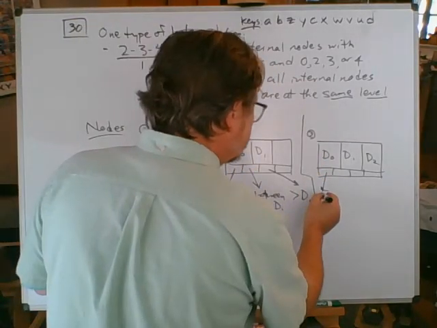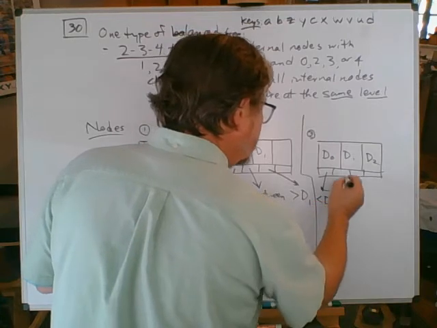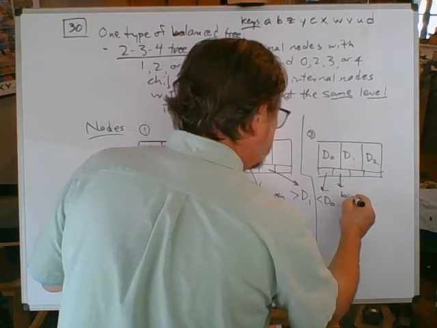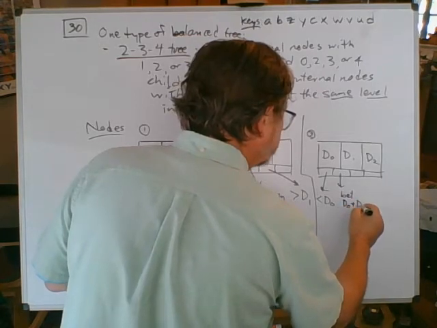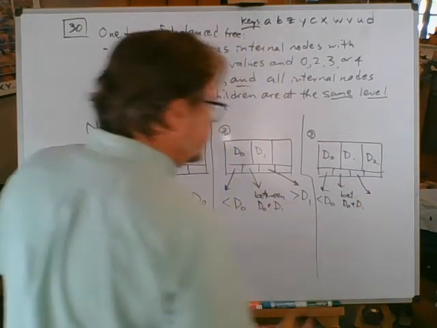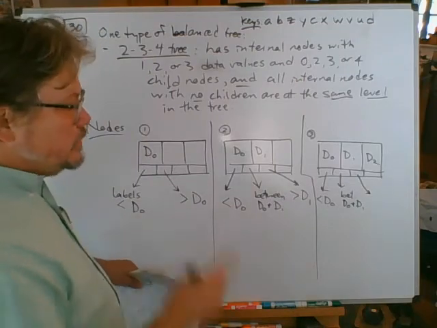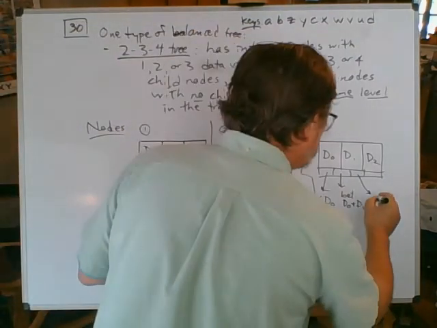On the far left, we've still got things that are less than D0. The second one is still things that are between D0 and D1. The third child has the nodes with labels that are between D1 and D2.